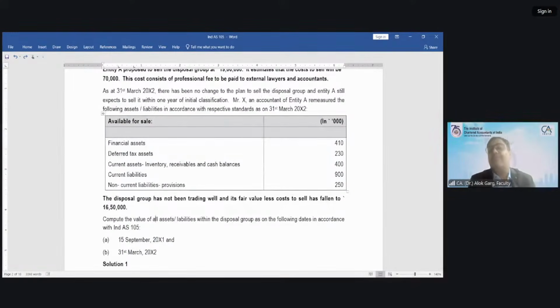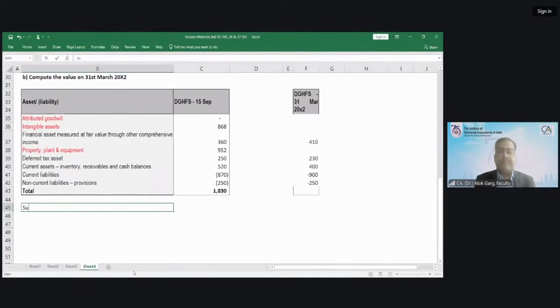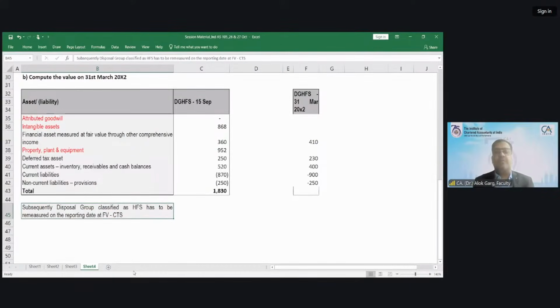So subsequently, a disposal group classified as held for sale has to be remeasured on the reporting date at fair value less cost to sell.